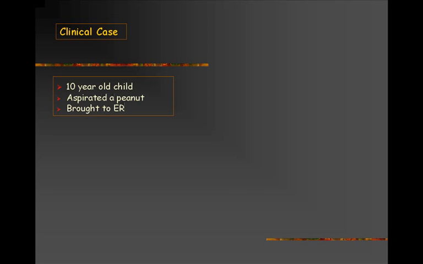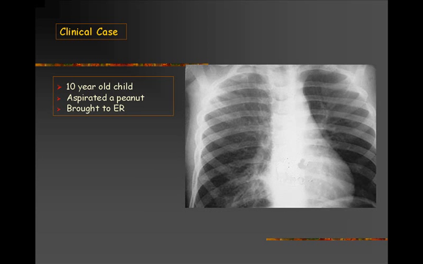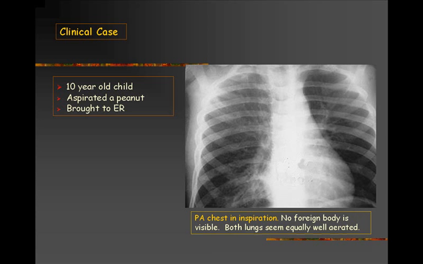Here we are presented with a 10-year-old child who aspirated a peanut and was brought to the emergency room. A chest X-ray done of this child presented us with a picture like this. And there was no foreign body visible.